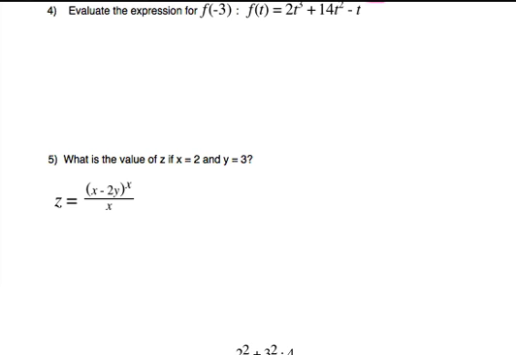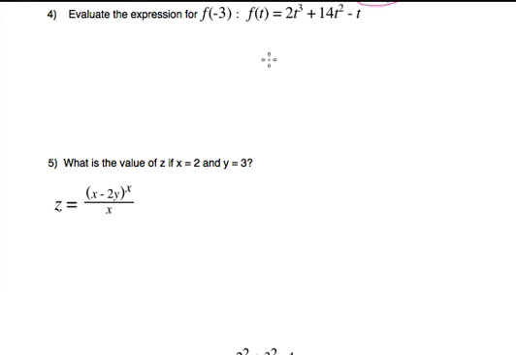Number 4, evaluate the equation for f of negative 3. Oh, I shouldn't have said expression there. That should be equation. Sorry. That's what I get for copying and pasting.